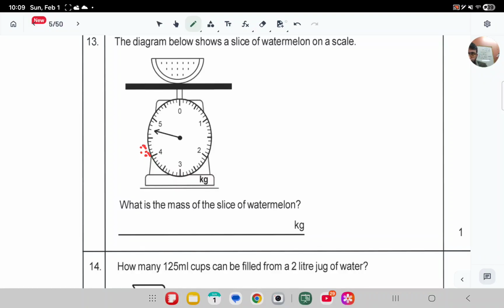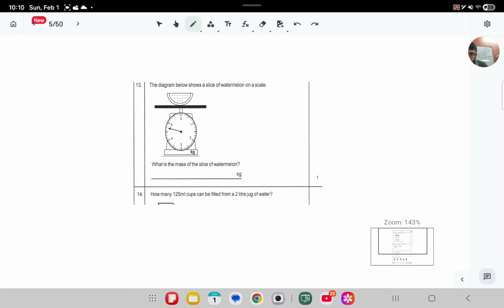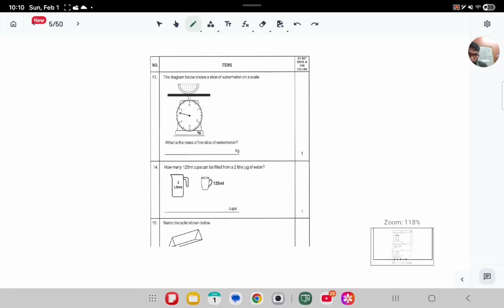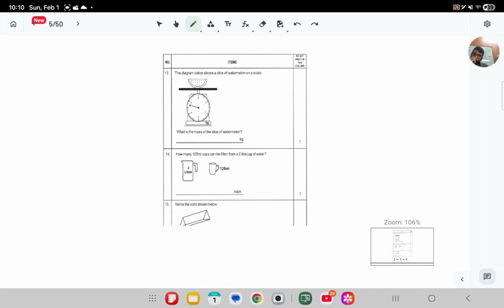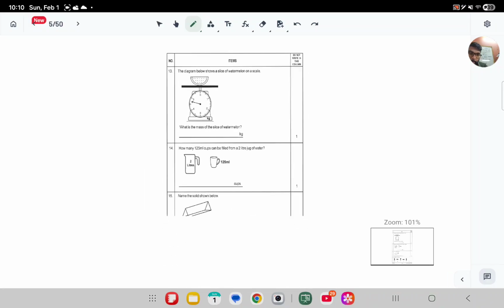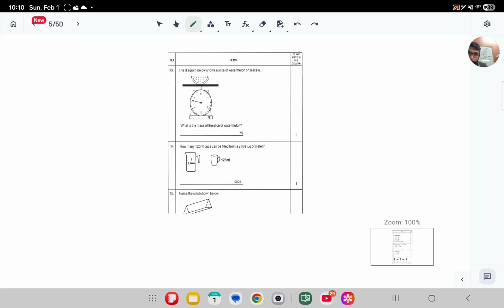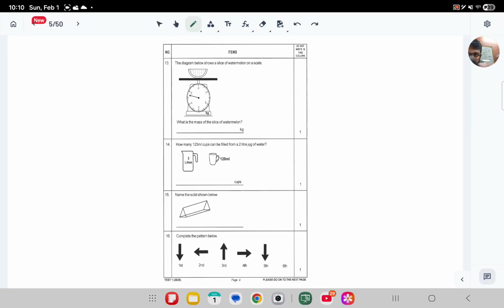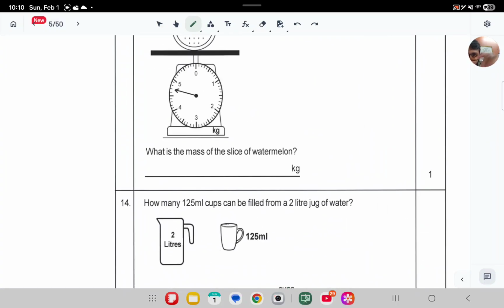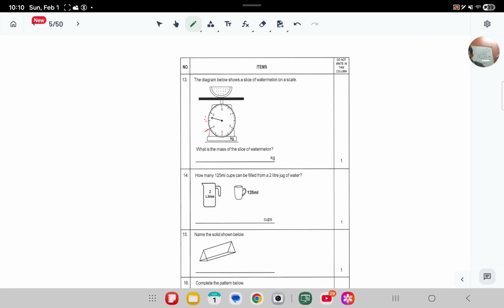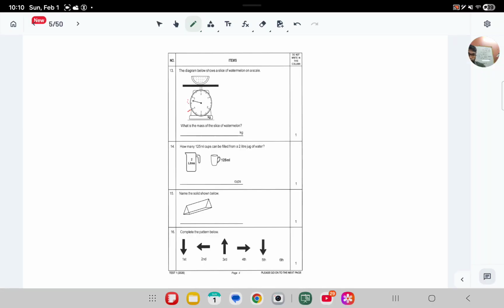So if each one is 0.1, we have 0.5 here, 0.6, 0.7. The last whole number was 4, so it would be 4.7 kilograms.